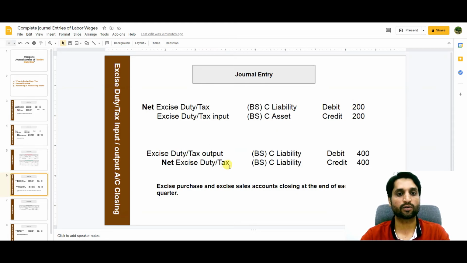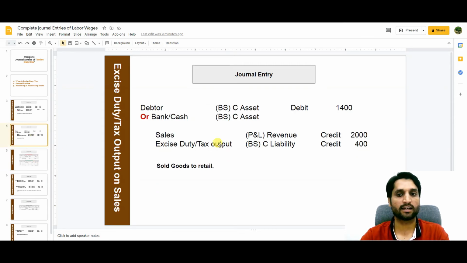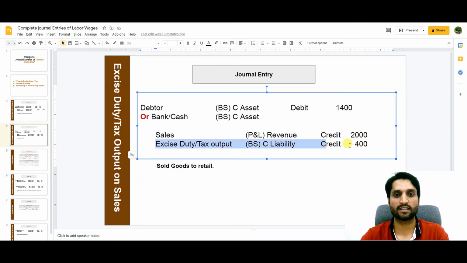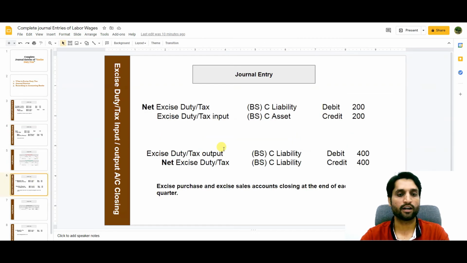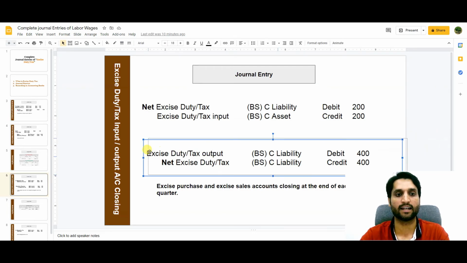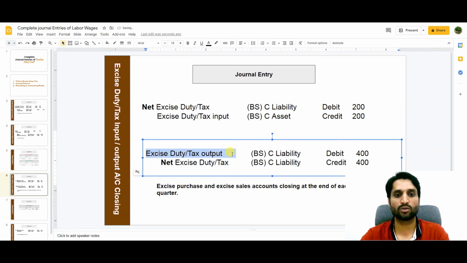After that, when we close our excise duty output account, which in the beginning we made credit, we need to make that account zero, so we will make it debit. Excise duty tax output will be debit with 400.